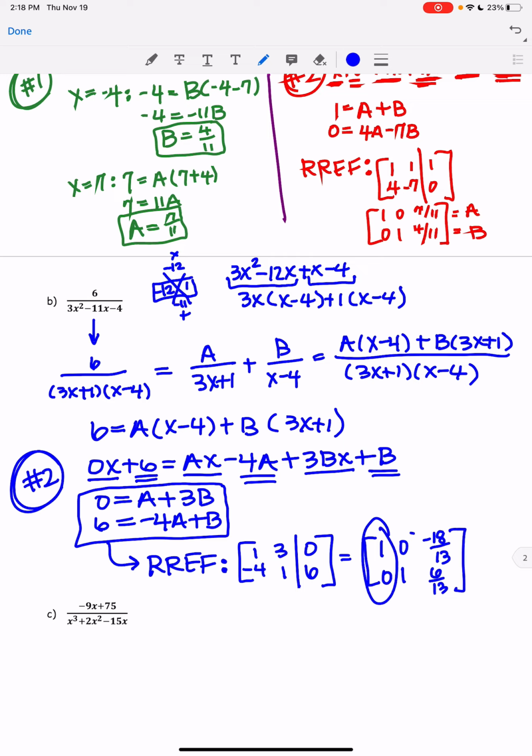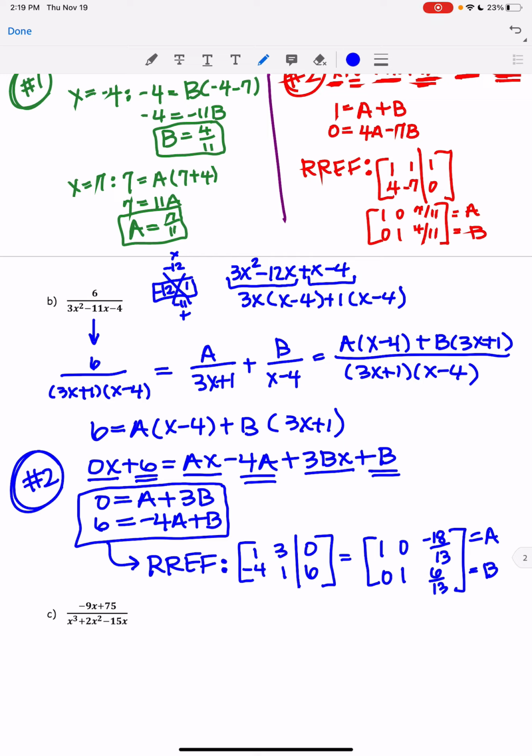Okay, this is again your A column and your B column. So this is telling you that this is A and that this is B. So I'm kind of out of room here, but you're plugging that into this A and into this B. So I'm going to write this sideways.